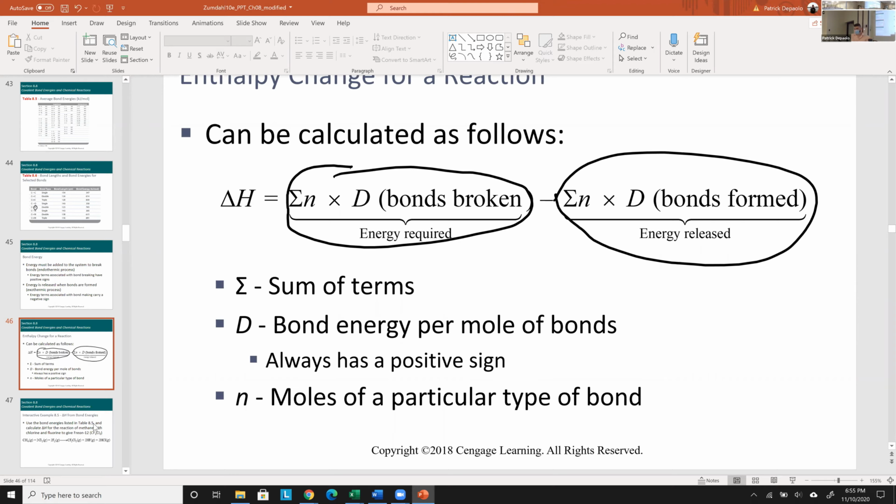So it's going to be the energy required minus the energy released. The best way to think about it: bonds broken minus bonds formed. And this is just the sum of the number of moles times the bond energy per mole. That's another way to figure out delta H.